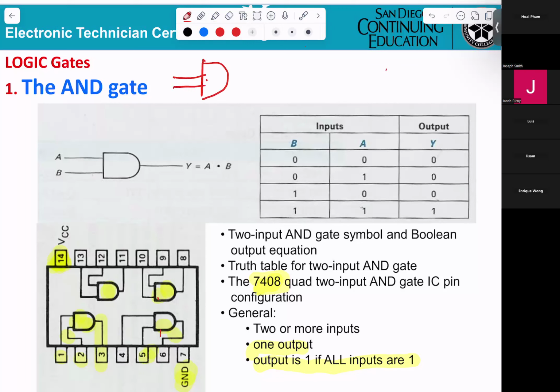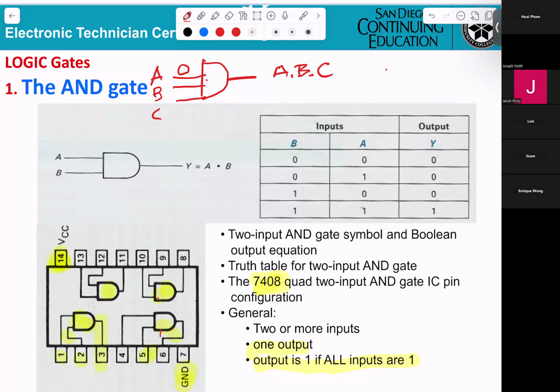A, out. If A is 0, what is out? Out here will be A times B times C. A is 0.